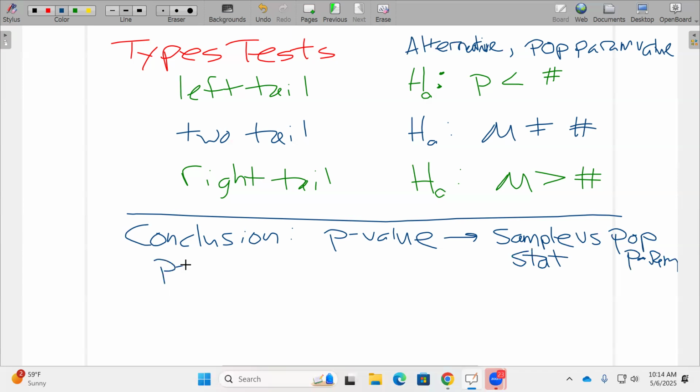If the p-value is less than the significance level, right, that's what I called alpha before, then that implies the evidence supports the alternative.